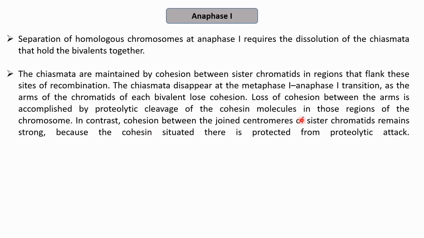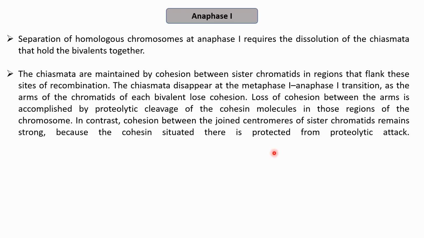These enzymes cleave the cohesin molecules in those regions, but they do not cleave the cohesin molecules that bind the sister chromatids. The cohesion between the joined centromeres of sister chromatids remains strong because it is protected from the proteolytic attack.